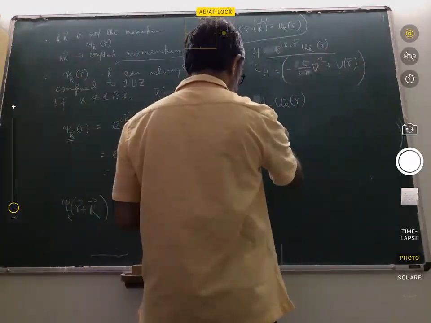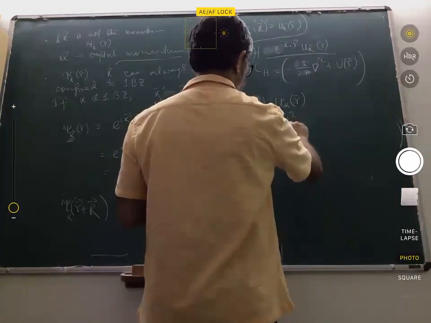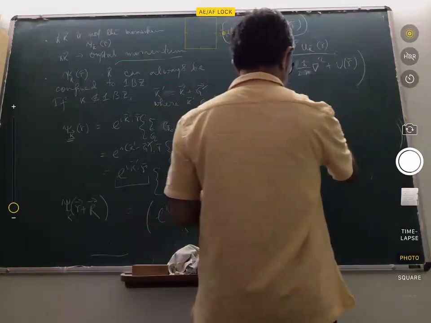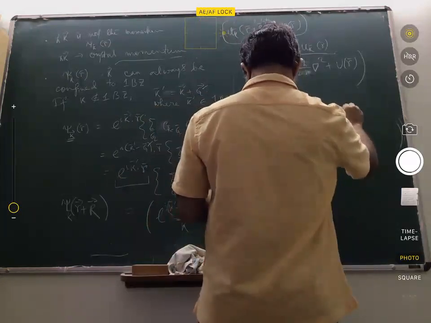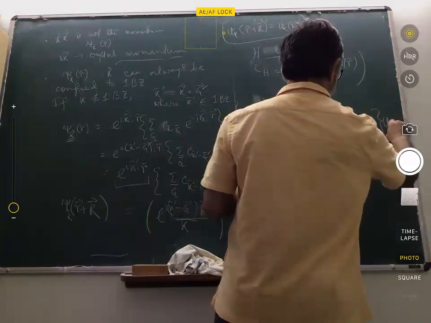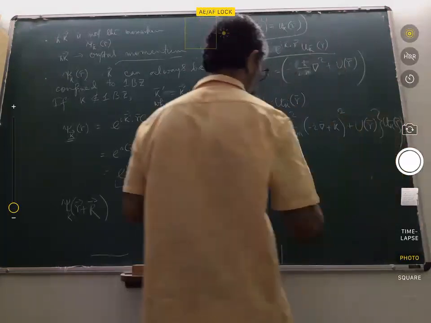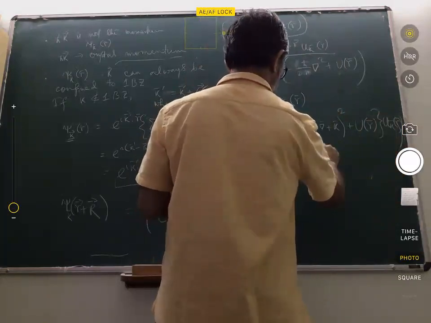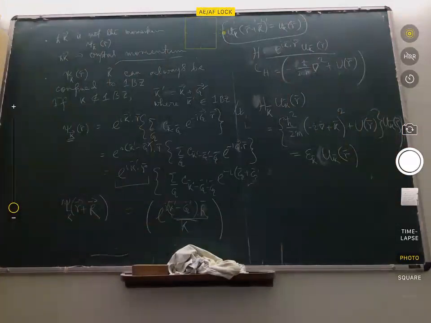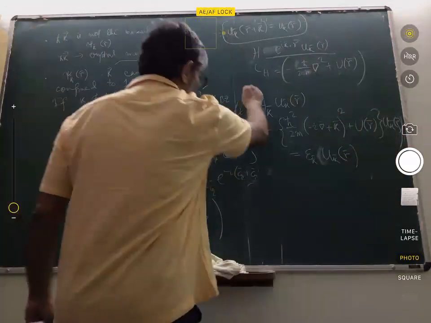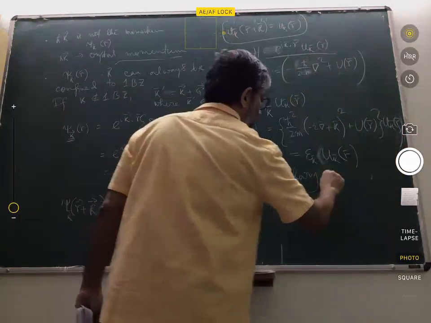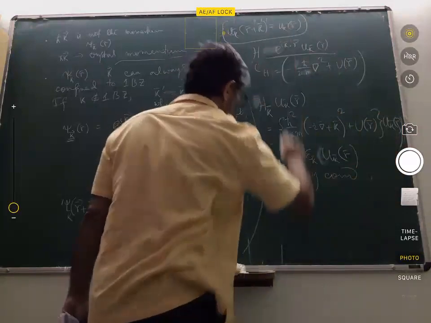So this will be of the form: that's the kind of eigenvalue equation that you will get, with the boundary condition, what I wrote there at the top.